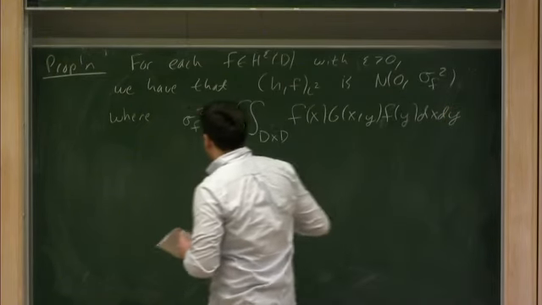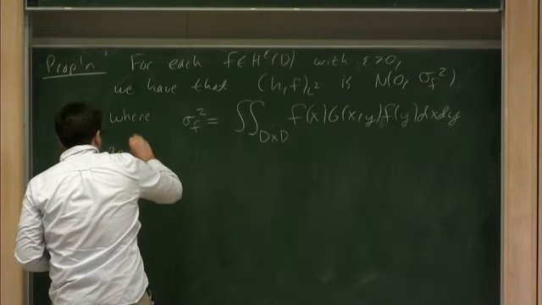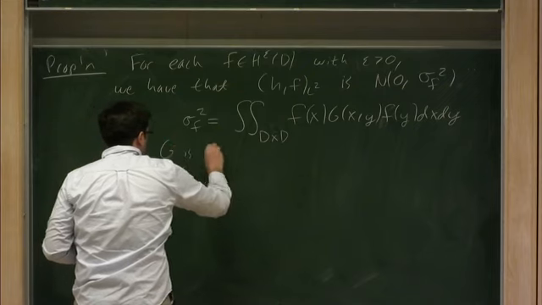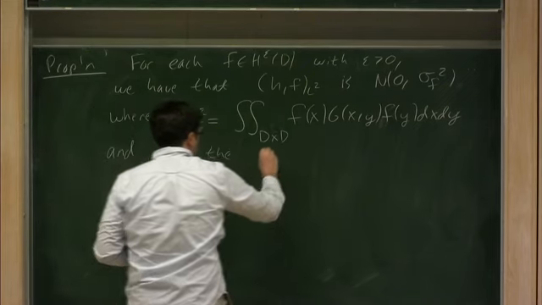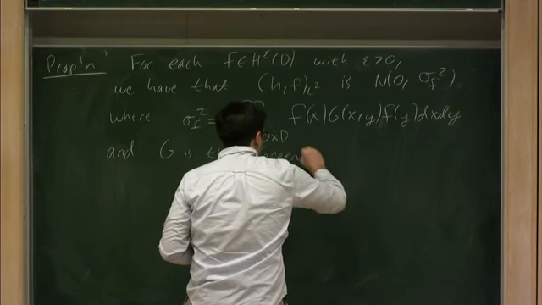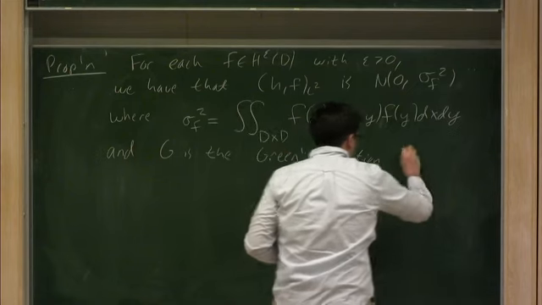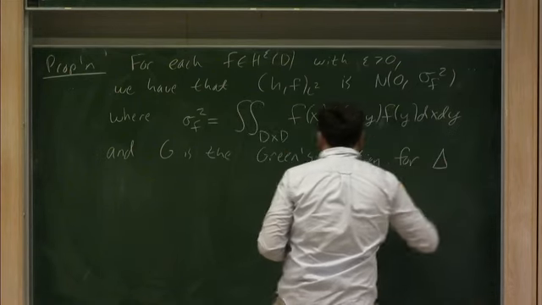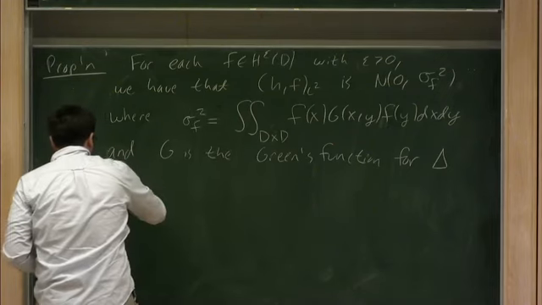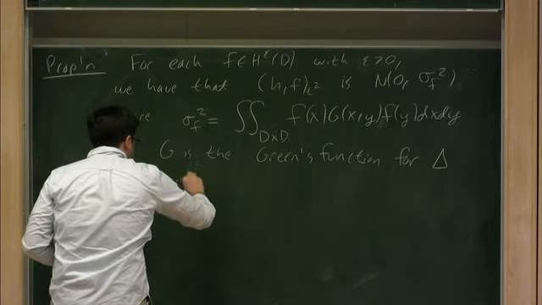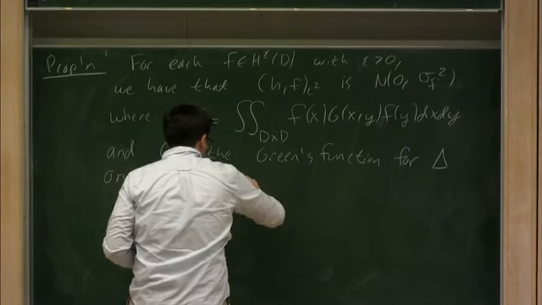So here, this G, this is the Green's function for the Laplacian on D with Dirichlet boundary conditions.